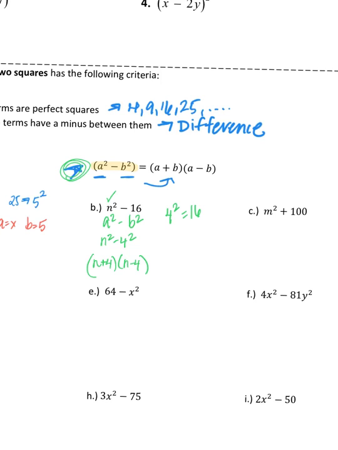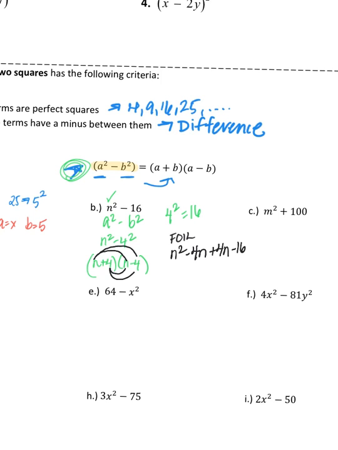So why this works is when you go ahead and FOIL, remember I was talking about foiling, it's just distributing. So you're doing n times n, which is n squared, n times negative 4, which is negative 4n, 4 times n, which is positive 4n, and then 4 times negative 4 is negative 16.